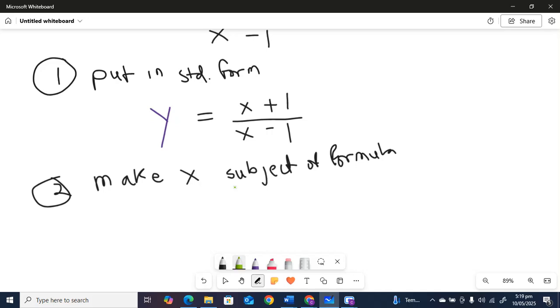So we're going to say x minus 1 times y. So it's going to be y, we have x minus 1 here equals this x plus 1, we cross multiply there, becomes x plus 1.